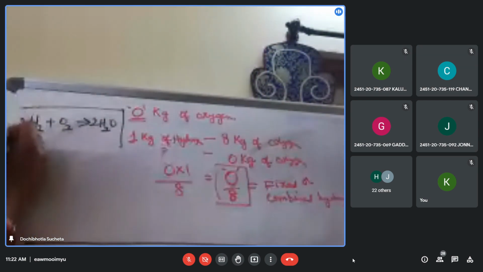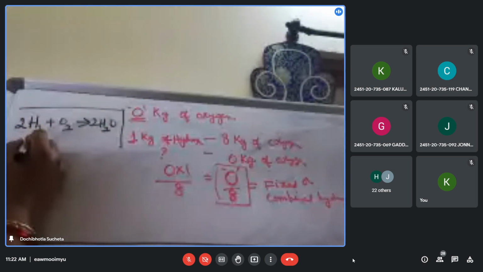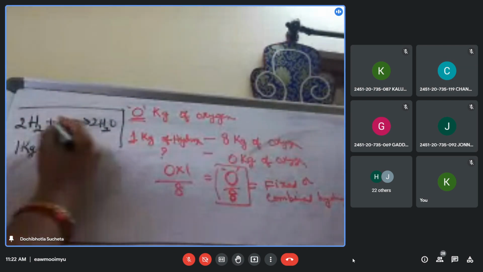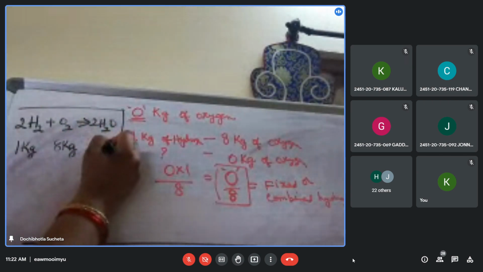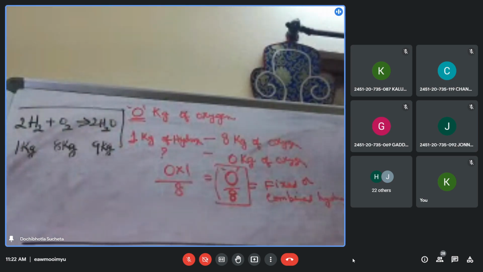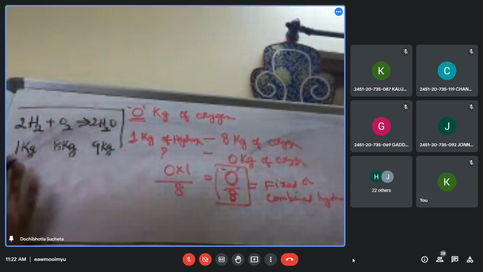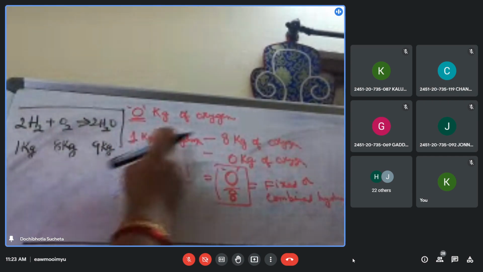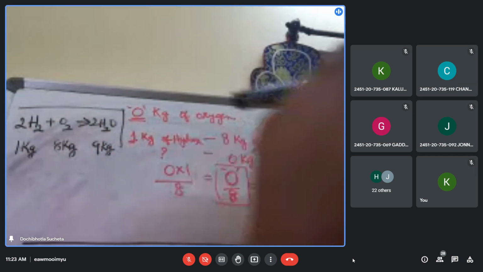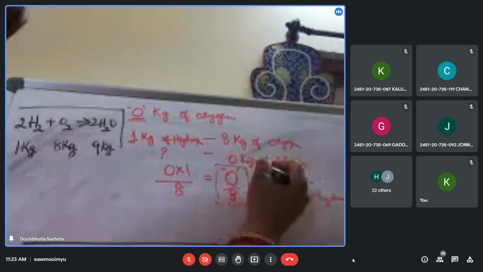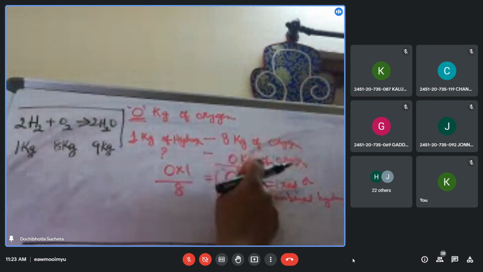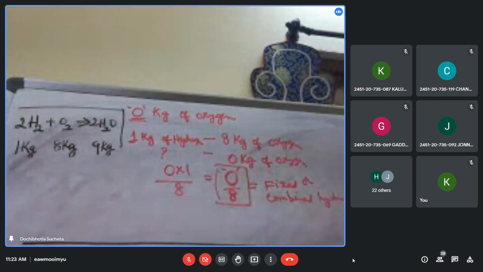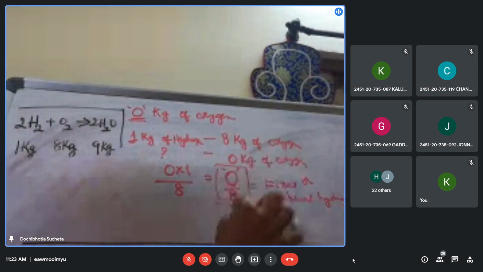And I concluded that 1 kg of hydrogen reacts with 8 kgs of oxygen to form 9 kgs of water. I used this concept here. If 1 kg of hydrogen is combining with 8 kgs, and the fuel has O kgs of oxygen, then O by 8 amount of hydrogen might have reacted. That's how I got the formula for fixed or combined hydrogen.